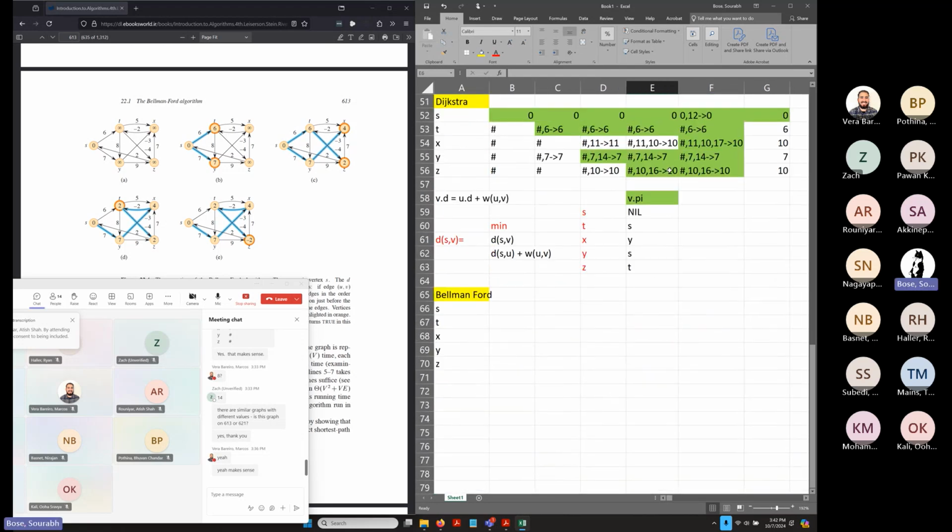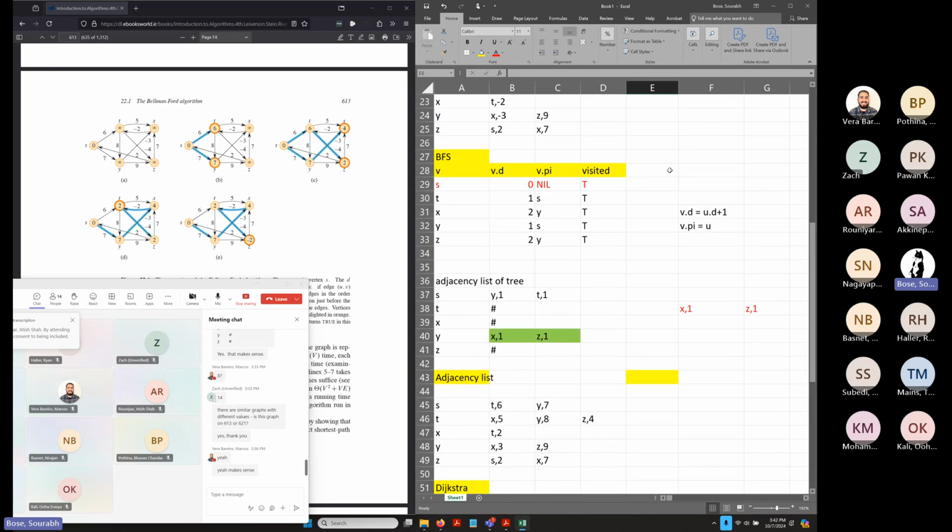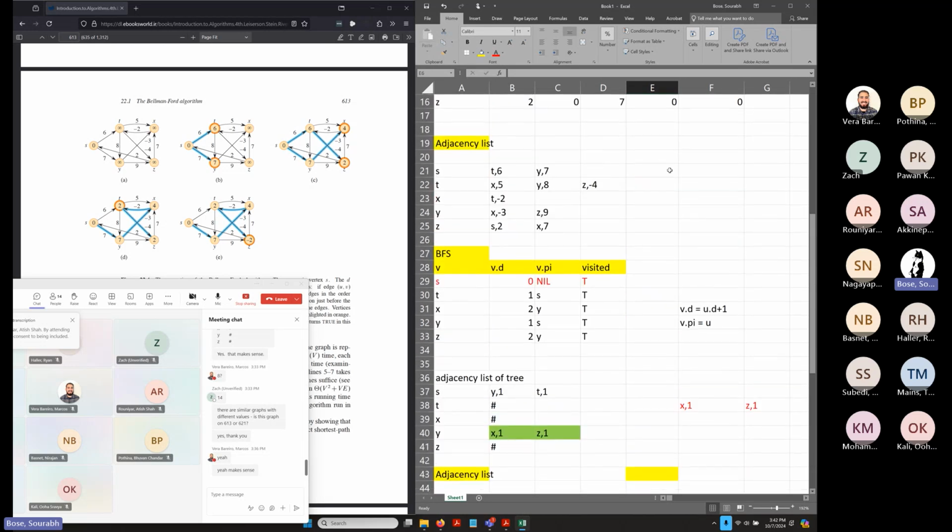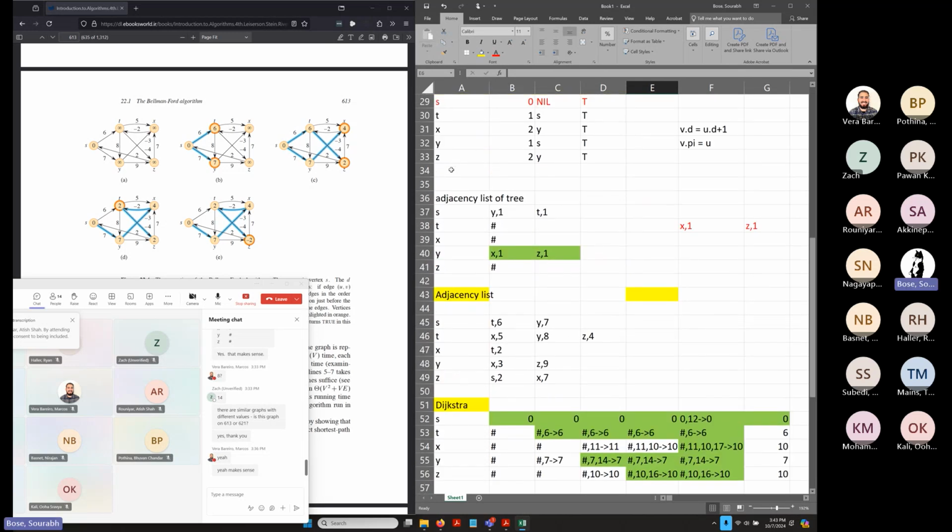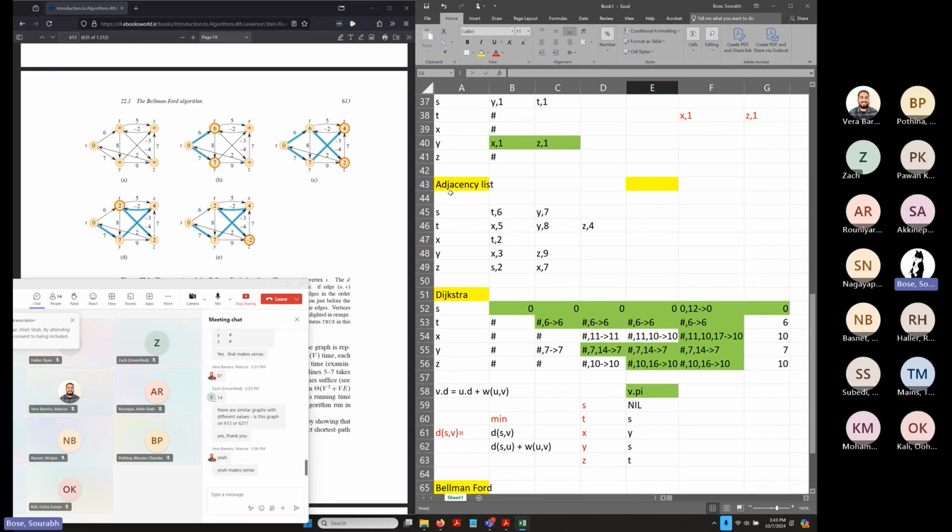Cool. I'm going to now copy over the original adjacency list with negative values. Actually, let's do it with positive values. Bellman-Ford will be the same no matter what. But just to keep the sense of how Dijkstra does it and how Bellman-Ford does it, I'm going to be using the same adjacency list.